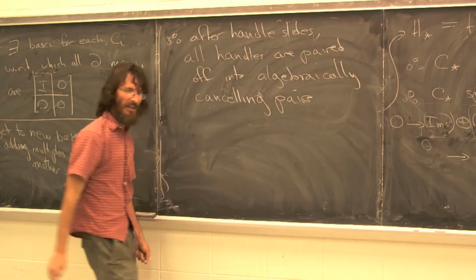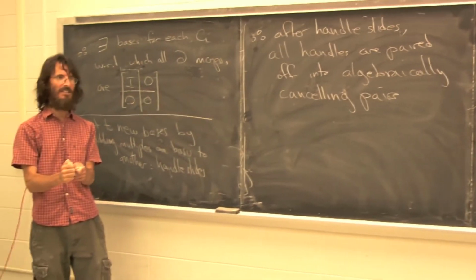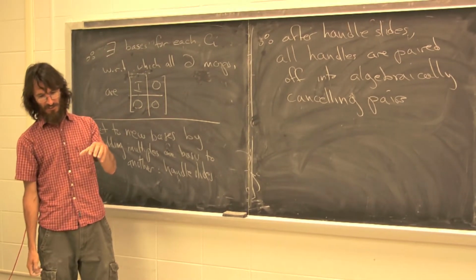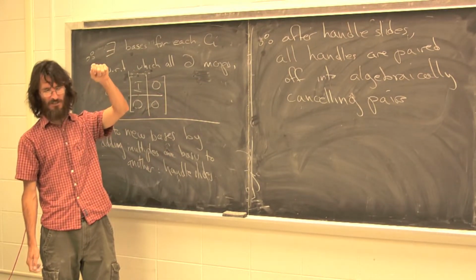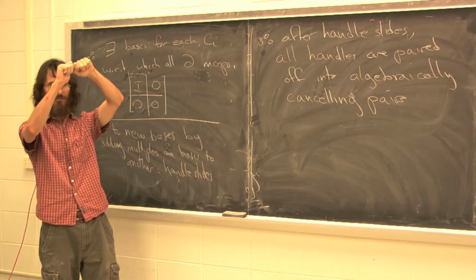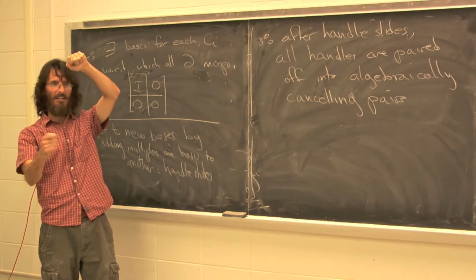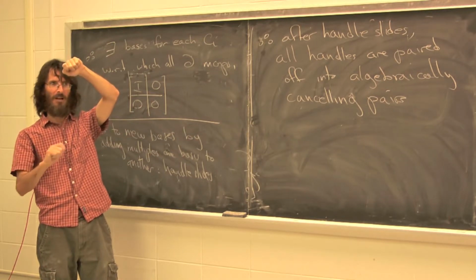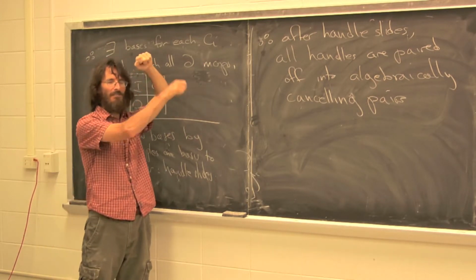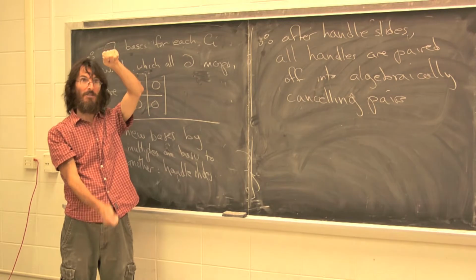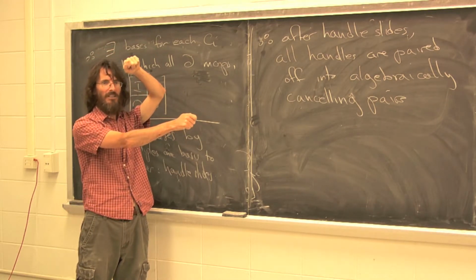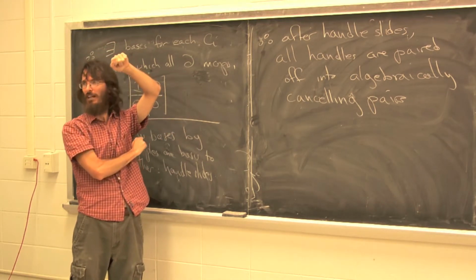What does it mean to be algebraically canceling? It means that there's algebraically one flow line from this critical point to that critical point. But there might be lots more that appear with opposite sign. And there also might be zillions of flow lines between this critical point and all kinds of other critical points, but they all pair off algebraically.